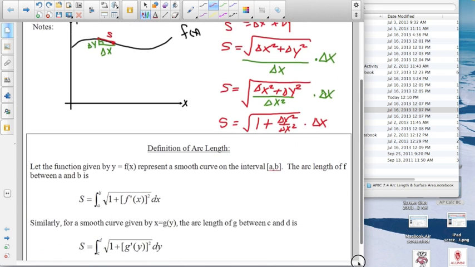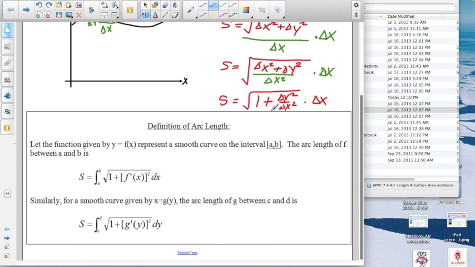And so if we take the limit of this as delta x approaches 0, we can replace the deltas with a differential. So we're looking at an expression that looks like the square root of 1 plus dy over dx quantity squared, because both the top and the bottom are squared, times dx.